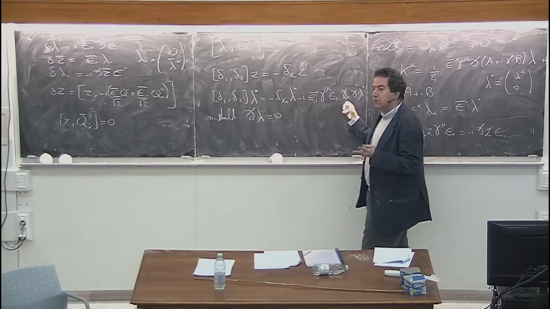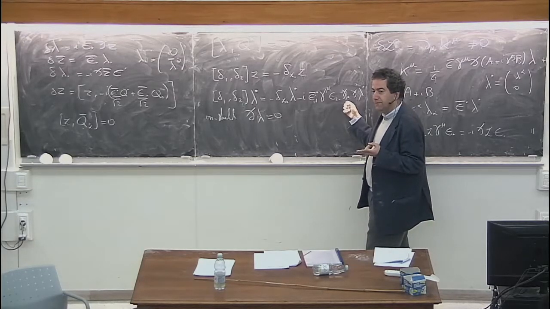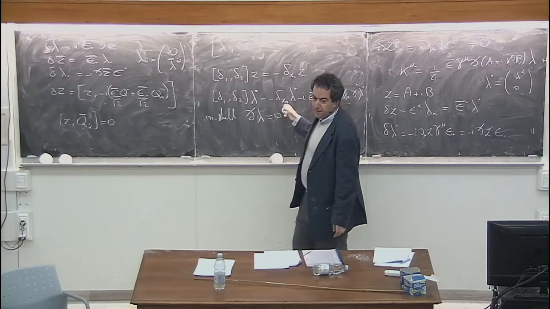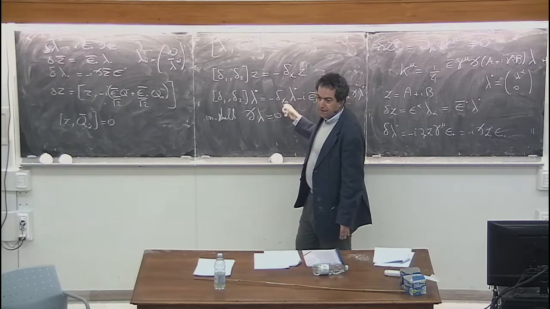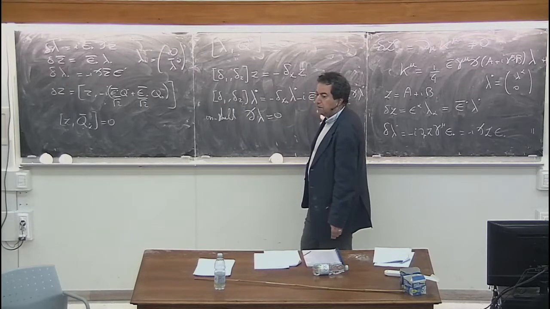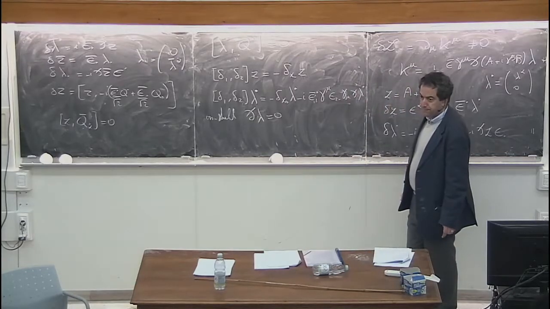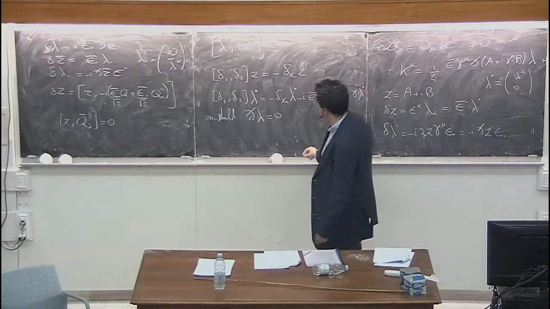So the commutator of two supersymmetries, okay, is a translation, modulo field equations. They close the right algebra modulo field equations, only on shell.